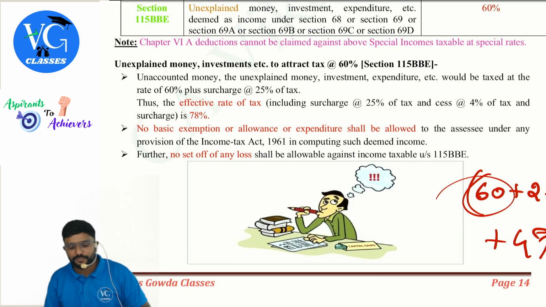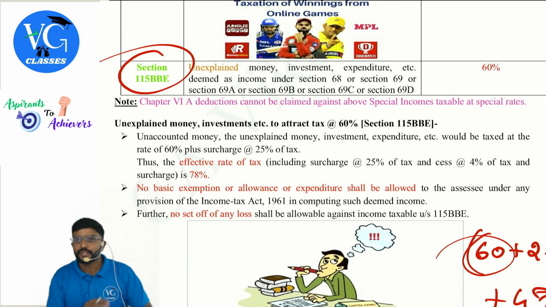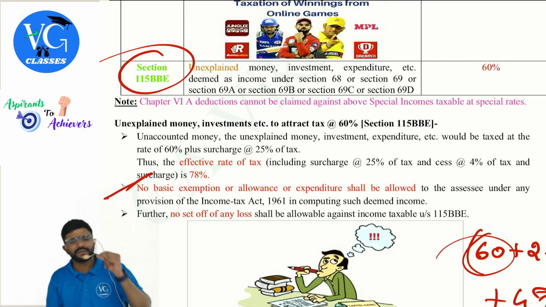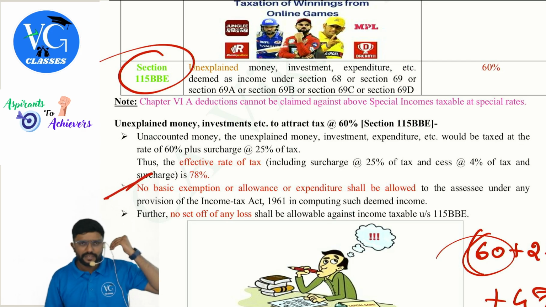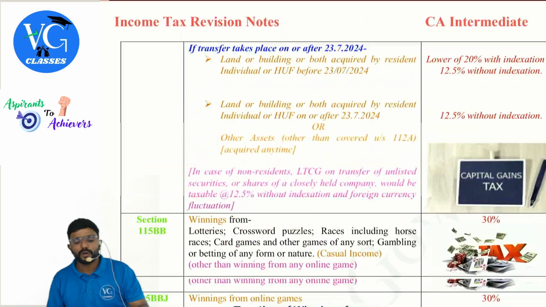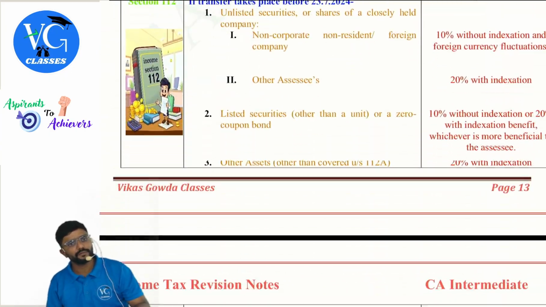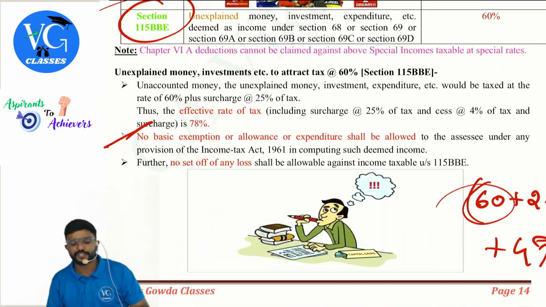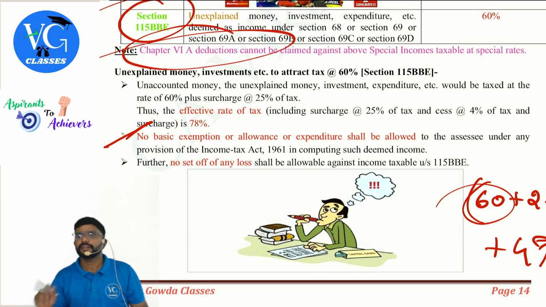But one special thing, guys, against this, you cannot even adjust the basic exemption limit. You cannot set off any loss. You cannot claim any expenditure. Then against all the special income, you cannot claim any chapter 6A deductions.